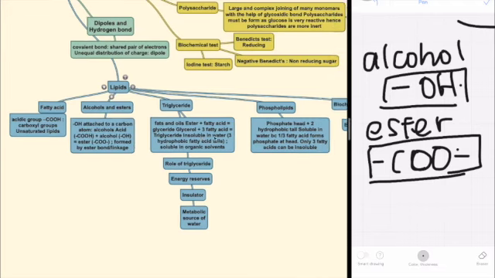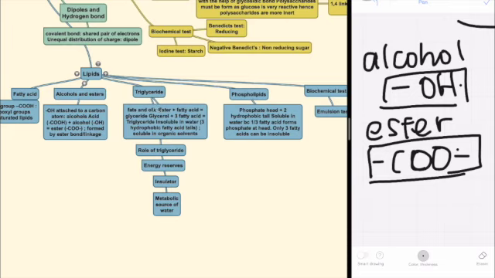Next is triglyceride. Triglycerides are fats and oils, and to form a glyceride you would first need an ester plus a fatty acid.